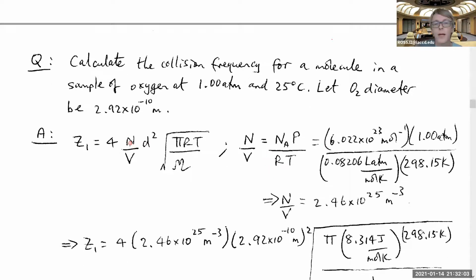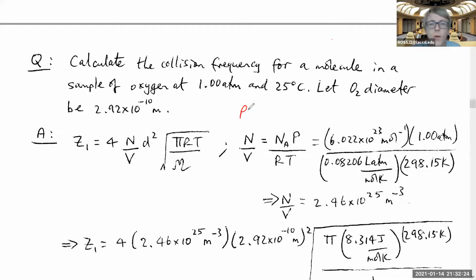So let n over V equal Avogadro's number, Na, P over RT. So we know this from the ideal gas law.